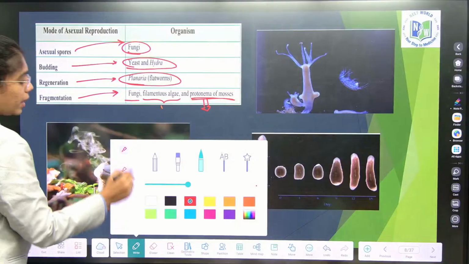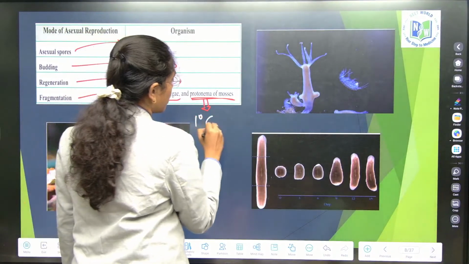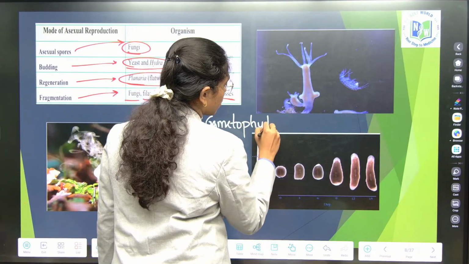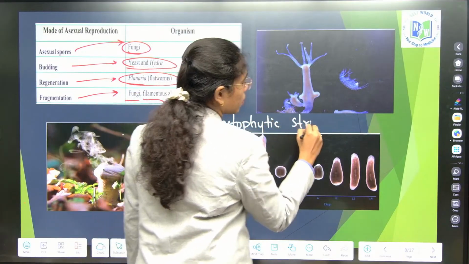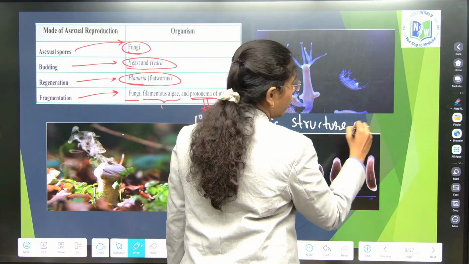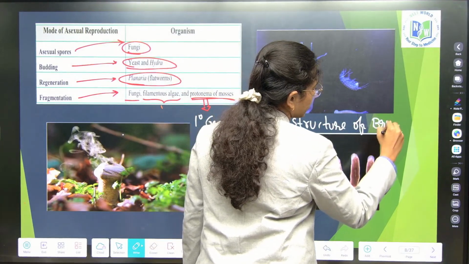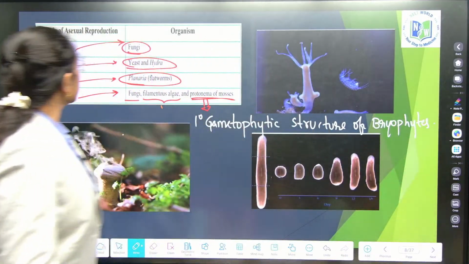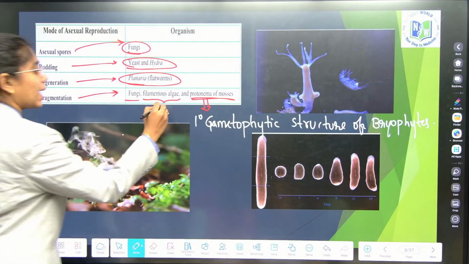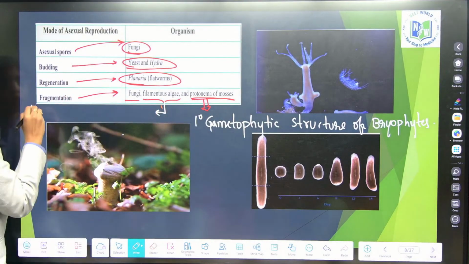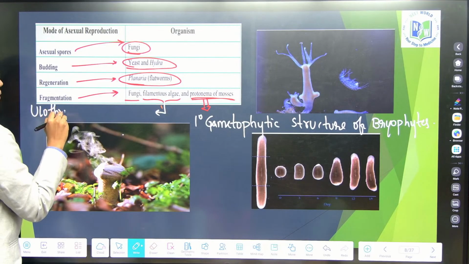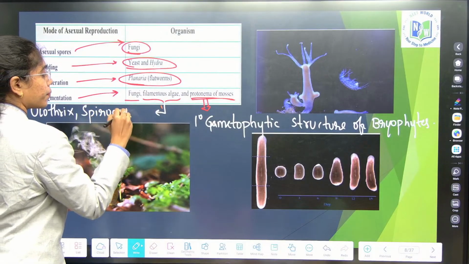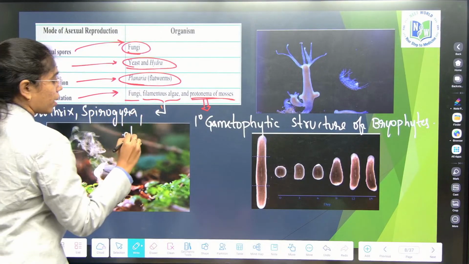Primary gametophytic structure of bryophytes. Filamentous algae, take down the examples like Ulothrix, Spirogyra, Cladophora.